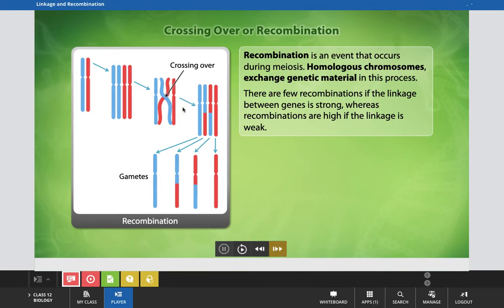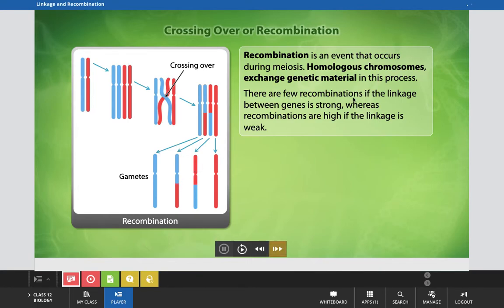As you can see here, these are the homologous chromosomes, and when these sister chromatids cross over, the exchange of chromatin material takes place, and as a result the gametes will be of four types, out of which 50% are parental type and 50% are recombinant type with new genetic material.